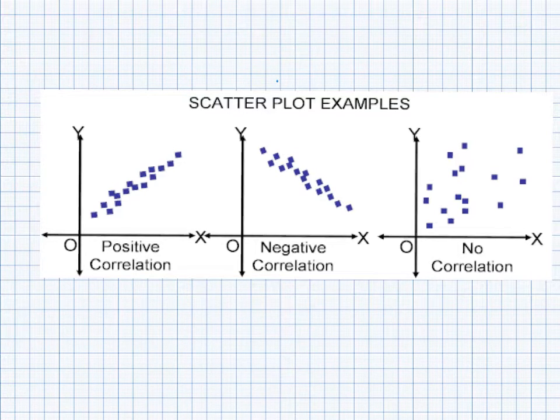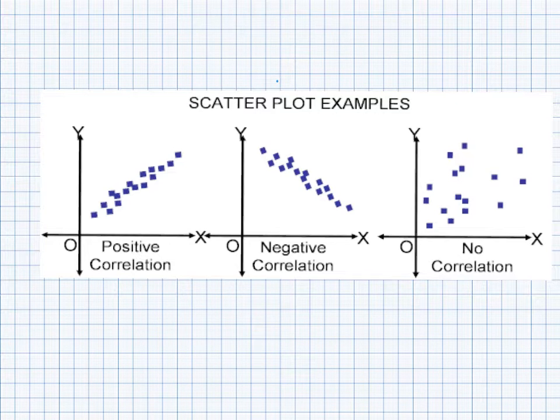For example, over here, if all of my data points end up in quadrant 1, then that's a positive correlation between whatever it was I was researching. At the same token, this one shows there's a negative correlation, and this one shows there's no correlation.